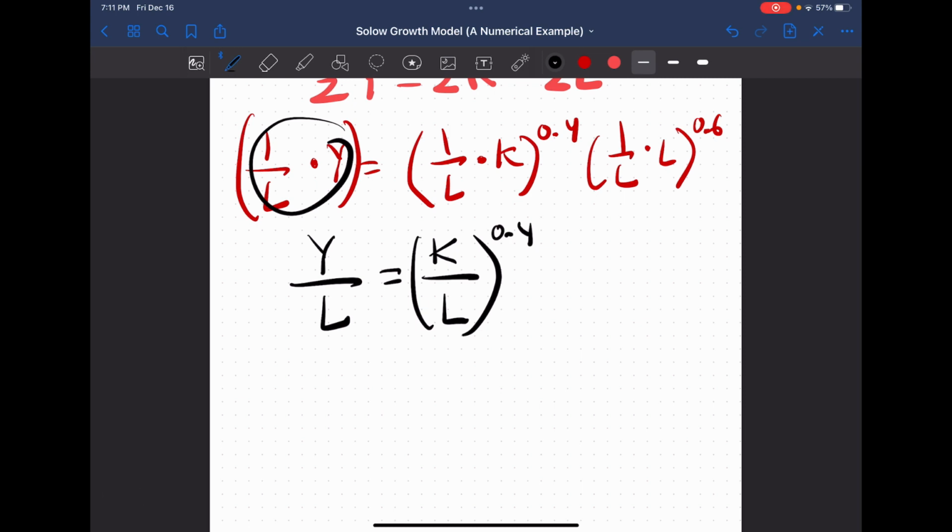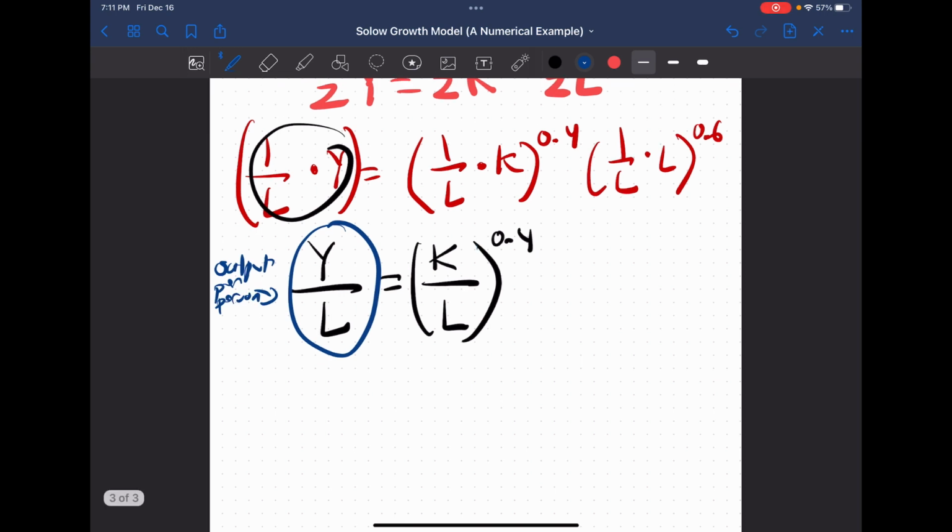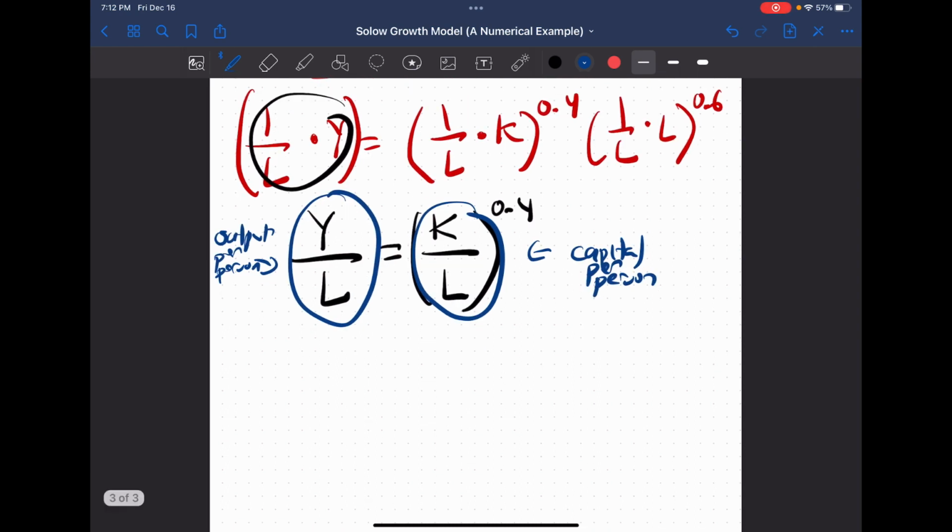And just to make it more intuitive, Y over L is actually output per person, and that is what we know as GDP per capita. And K over L is capital per capita, or to make it simpler, capital per person. So this basically tells us that output per person is a function of capital per person.